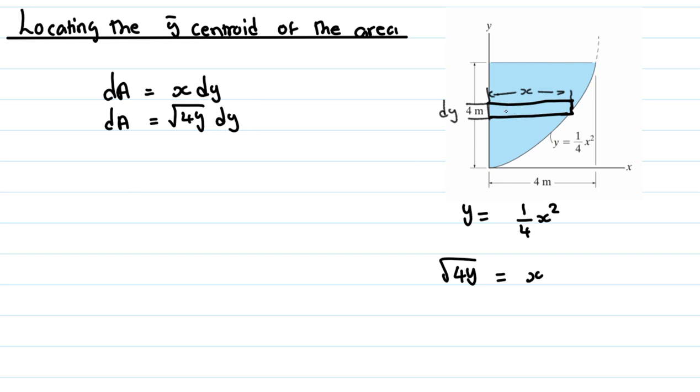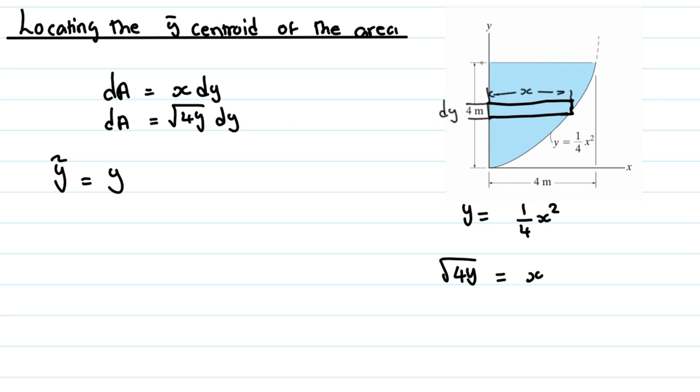Now I have to find the center of that rectangle in the x and in the y. But since I'm looking for the centroid in the y, I'm only going to focus on the center of that rectangle in the y. The center of that rectangle in the y is equal to y, so it is just y.